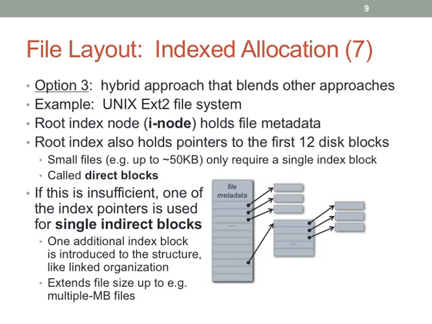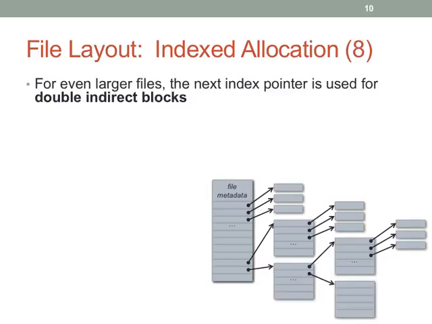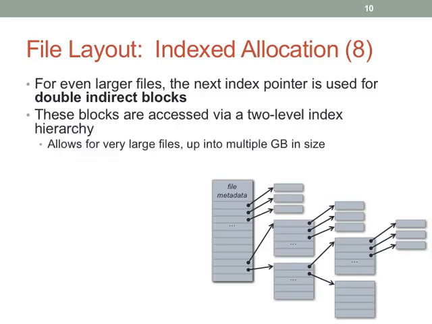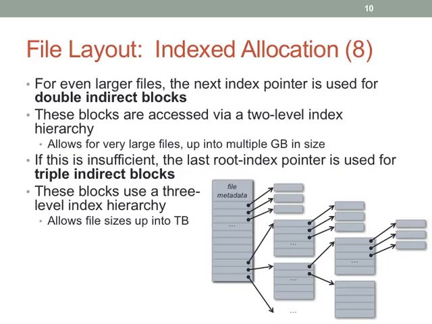Okay? So that's single indirect blocks. If that becomes insufficient, then you overflow into double indirect blocks. Okay? And so this is going to get you a lot further because now you have 2 levels of indexing before you get to your data nodes. And that will allow you to access much larger files. And then if you're really crazy, then you can even have triple indirect blocks.